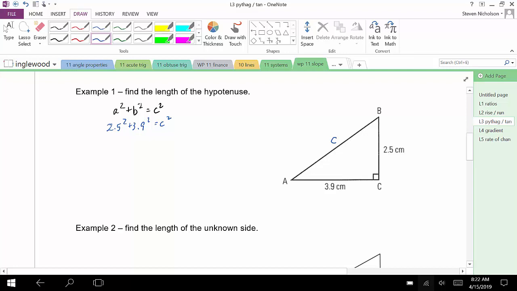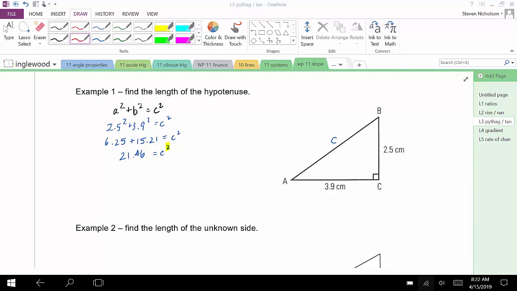Our next step is we want to expand out those numbers and then add them together. Now you could do this all on your calculator, but I'm going to actually figure out what 2.5 squared is and 3.9 squared, and then I'm going to add them together. And here's where we are. We're almost finished. But the only problem now is we want c, not c squared.